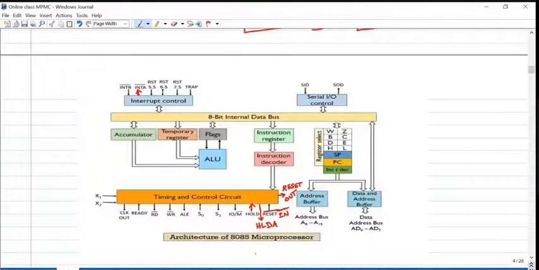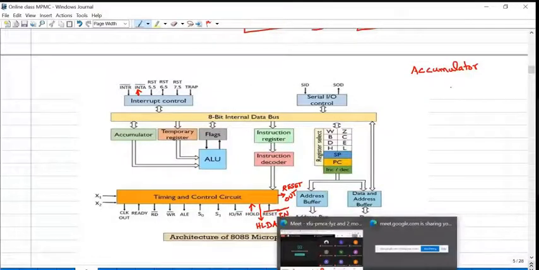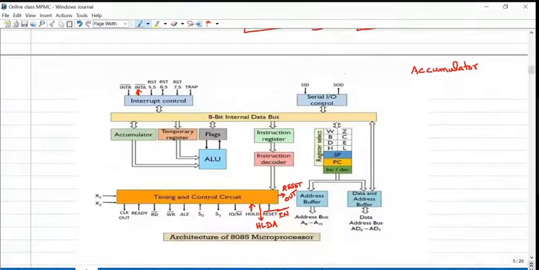Coming back to the 8085 microprocessor architecture, for writing your examinations, after drawing this architecture, you start from the registers. Accumulator, an 8-bit register.